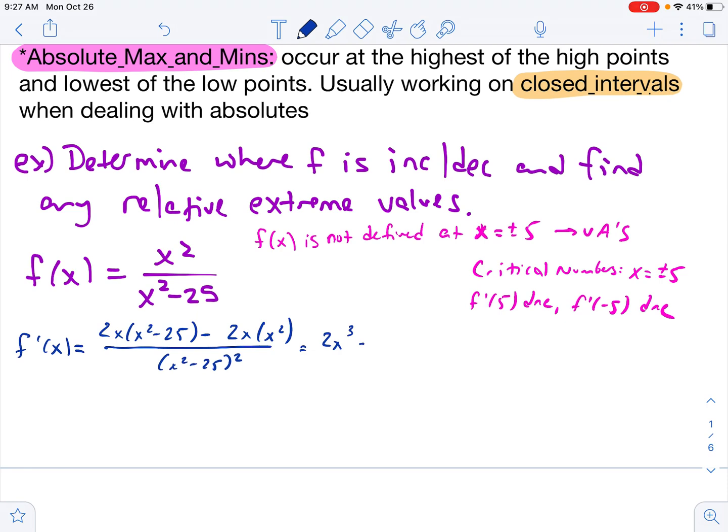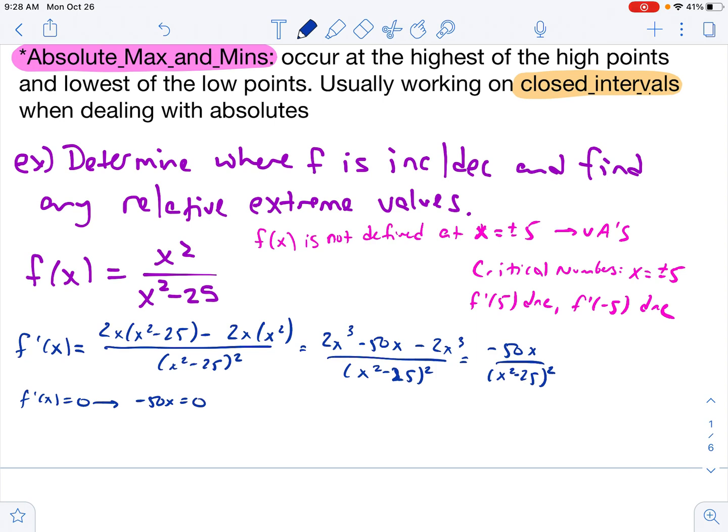We're looking at 2x cubed minus 50x minus 2x cubed over the quantity squared, which is negative 50x over the quantity squared. So we can see where that equals 0 by setting the numerator equal to 0, and solving for x, we just get x equals 0.